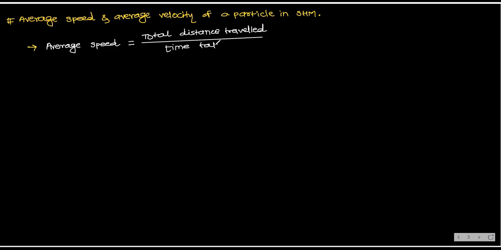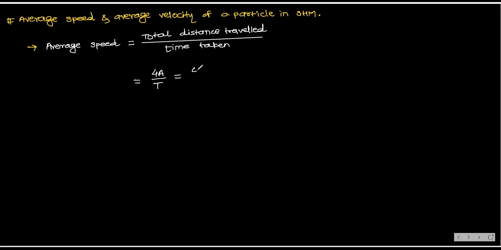Now when distance traveled we are taking, above it is suppose 2a, down it is 2a. So total how much? 4a. So can I write like this? 4a by T.